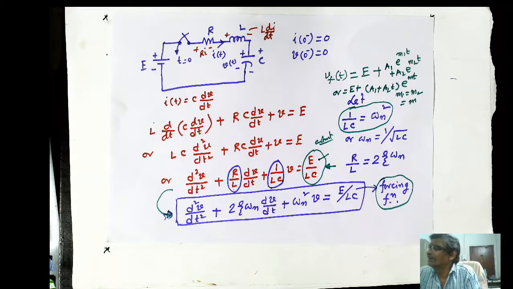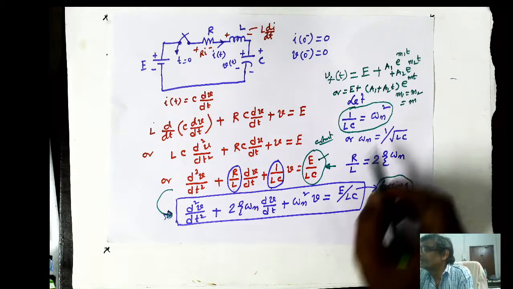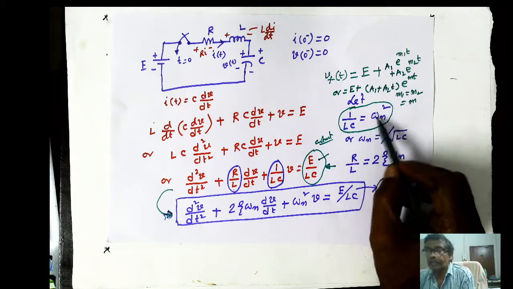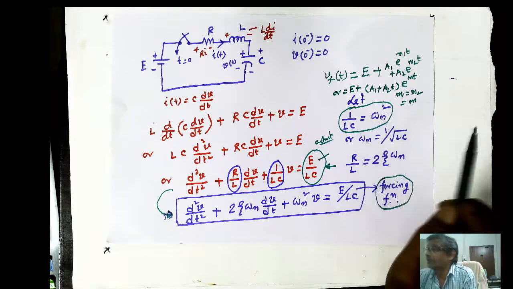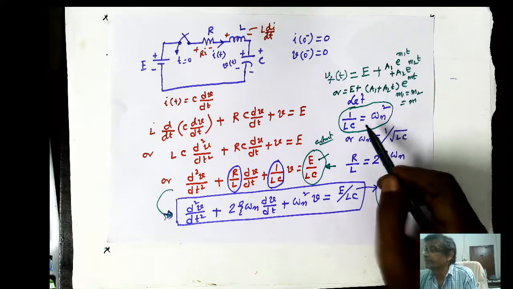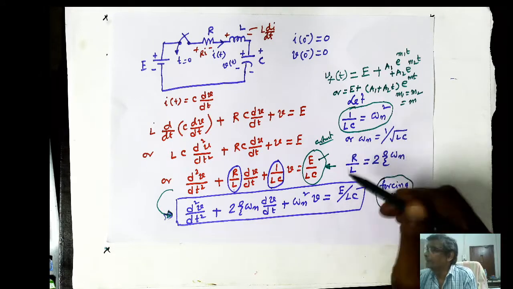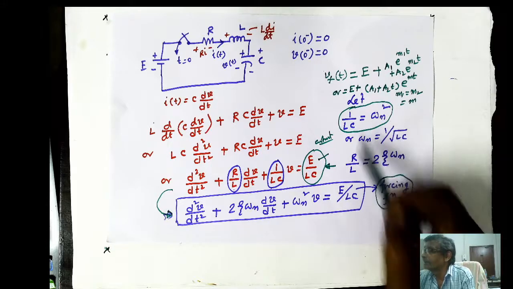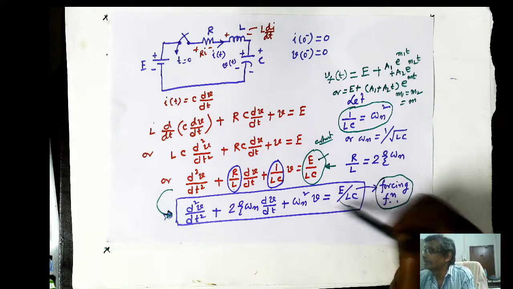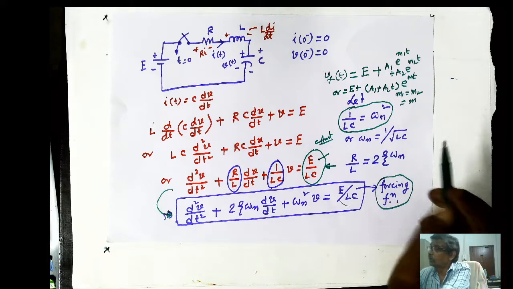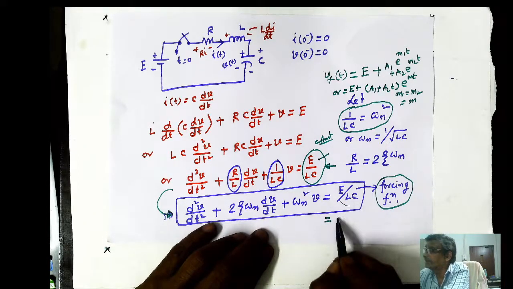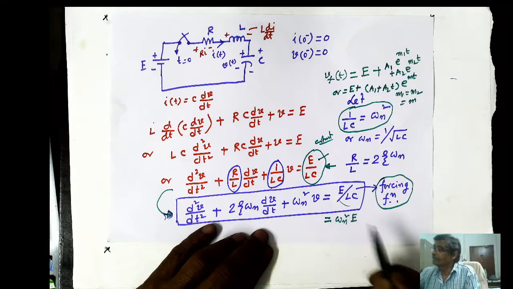Therefore, we replace this 1 by LC by some omega n square. We still do not know whether it will become the frequency of oscillations in this case as well, but let us call this omega n square. So if that is the case, then the right hand side will become omega n square into E, isn't it?